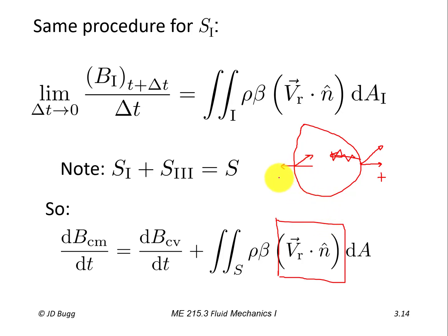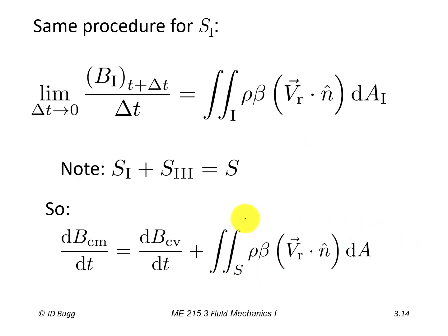So at an inlet, v dot n will be negative, but at an exit, v dot n is positive. So this term changes sign exactly as needed to account for inlets and exits. And so we can represent the entire surface here by exactly the same term. So we get a very compact way to represent the effect of the inlets and exits.